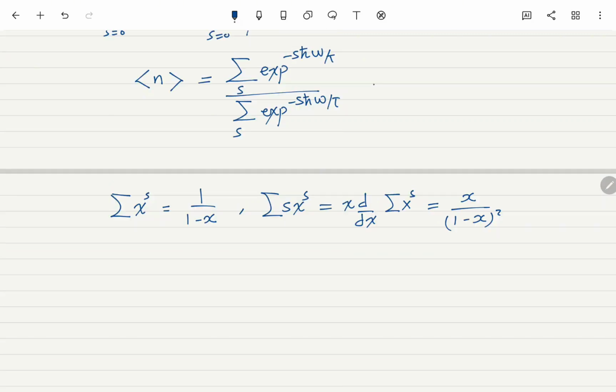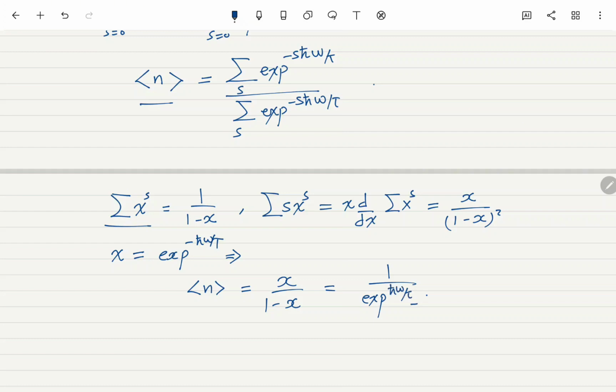If we match this series with the one here, x is equal to exponential minus h bar omega over tau. After all, n will be equal to x over 1 minus x, or equal to 1 divided by exponential h bar omega over tau minus 1.